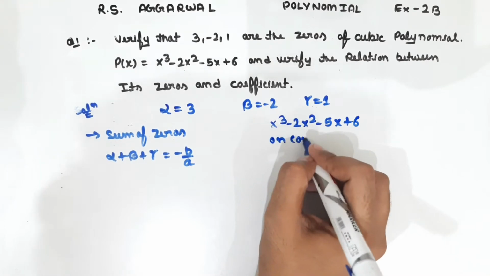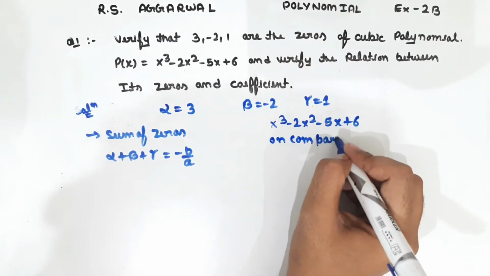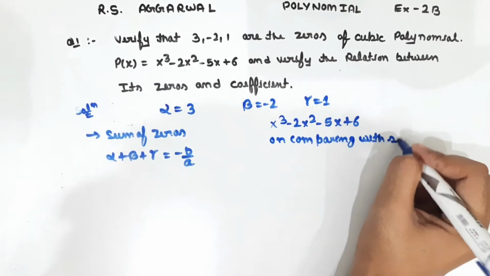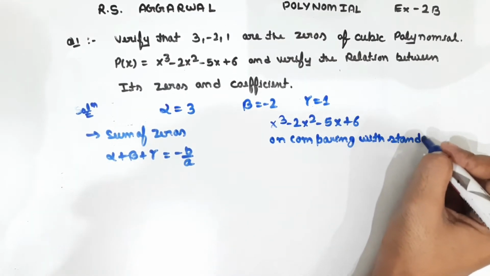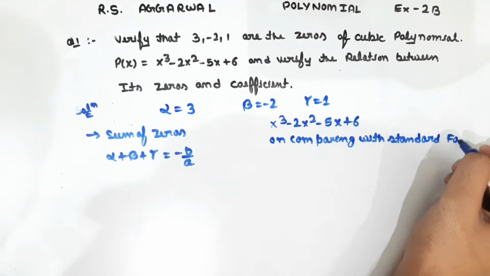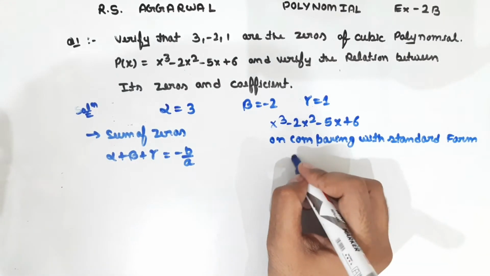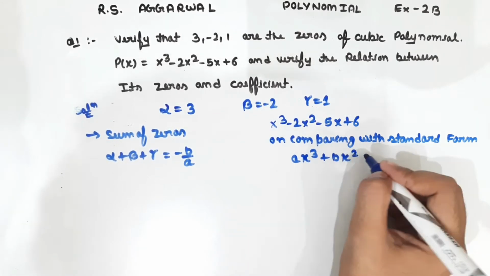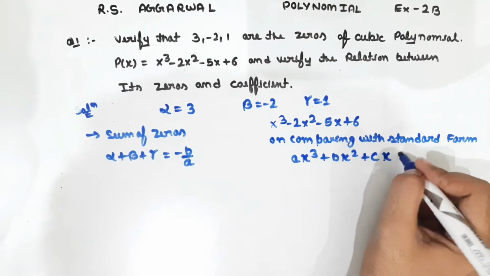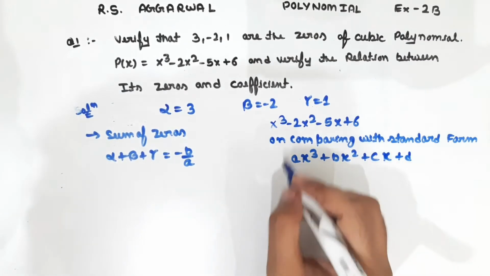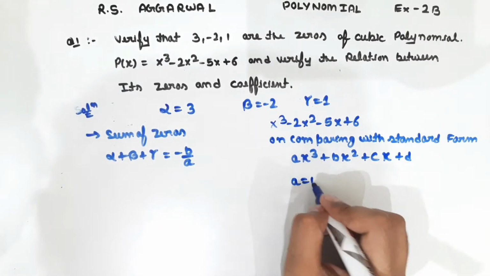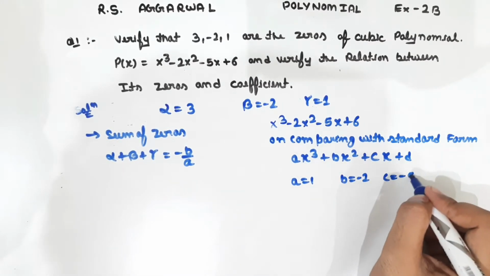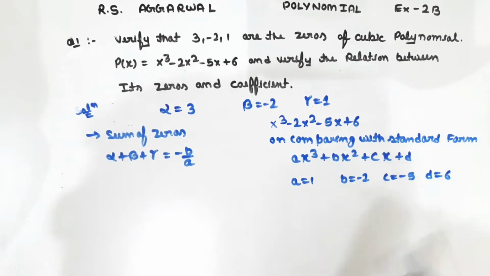On comparing with standard form ax cube plus bx square plus cx plus d, from here our a will be 1, b will be minus 2, c will be minus 5, and d will be 6.